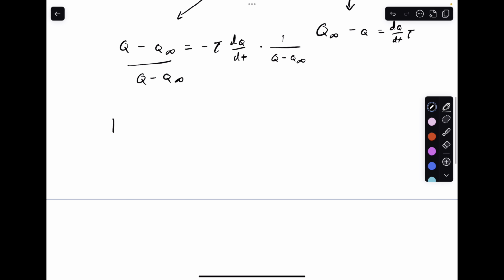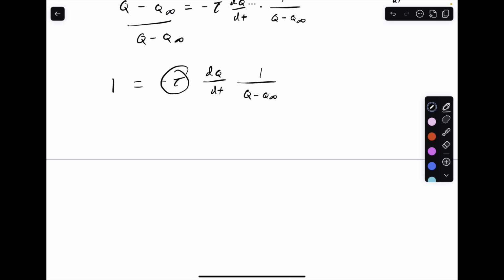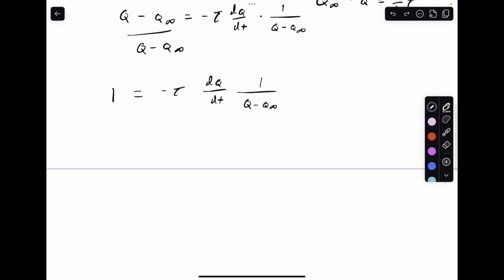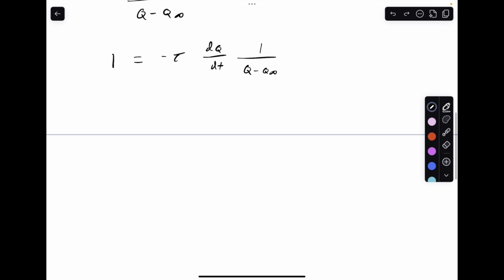And now I get 1 is equal to negative tau dq over dt, 1 over q minus q infinity. And remember, this negative tau is still being multiplied. So I want the dt by itself, so I'm actually going to multiply dt over negative tau to both sides.